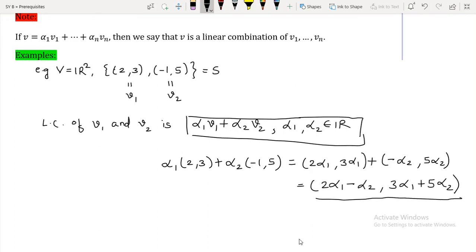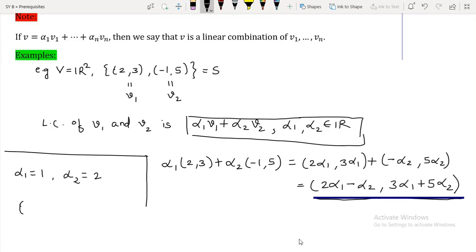Now what is the meaning of this, what do we have here? See, if I fix my values of alpha 1 and alpha 2, then you will understand it better. So if my alpha 1 is say 1, for simplicity we will take simple values, and alpha 2 is 2, what will this element be?